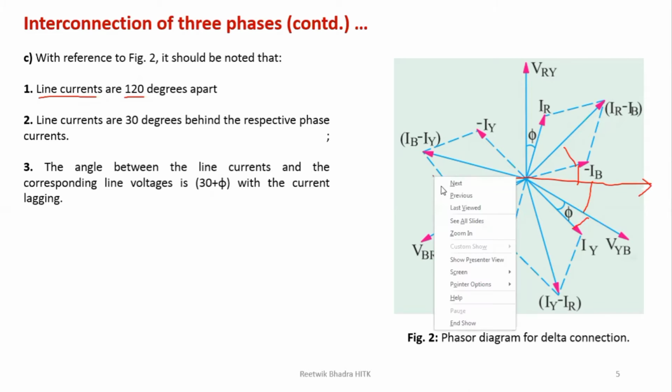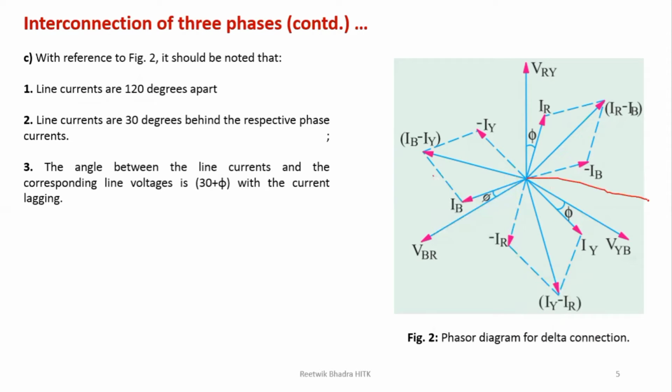From IR to this one 30 degree, from this one to this one 30 degree, from this one to this one 30 degree, from this one to this one 30 degree. So total how much? 30 into 4, 120 degree. So from one line current to another line current, which is IRB to IYR, the phase difference is 120 degree.